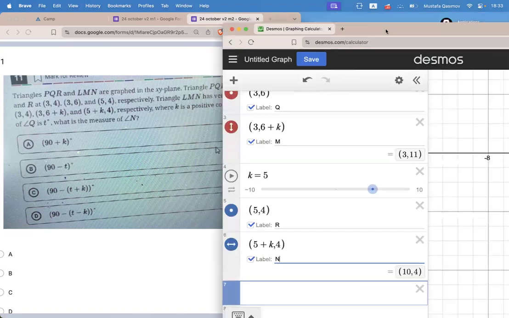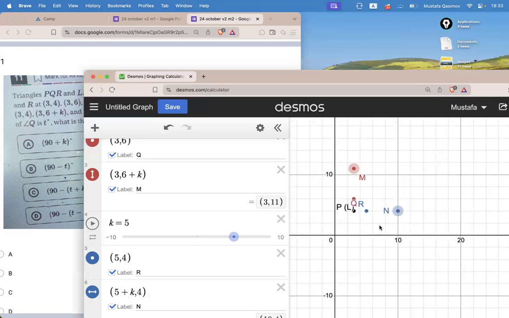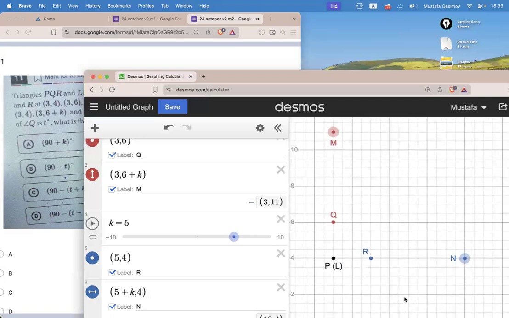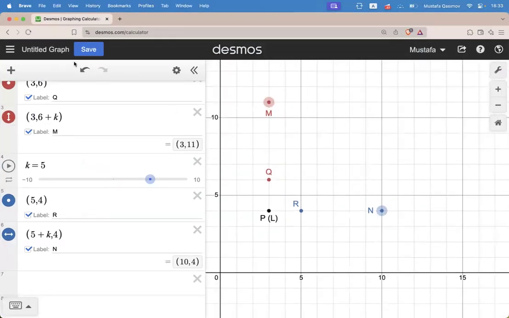Okay, now let's look at our points. Here we have a situation like this. We have the first triangle like that.